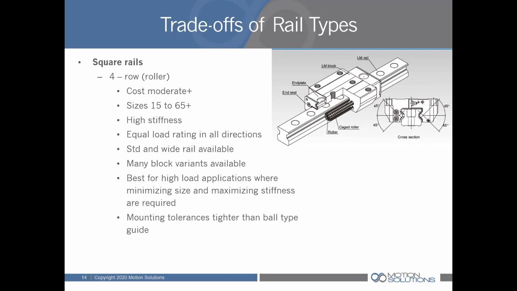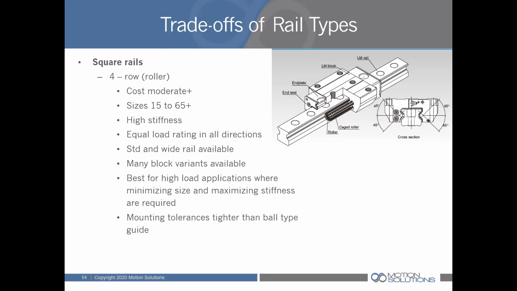And then we go to the square rail with rollers. These are always 4 rows of recirculating rollers. Now the rollers, because they have a large contact area, a line contact with the rail, give you a higher load capacity for basically the same size rail.